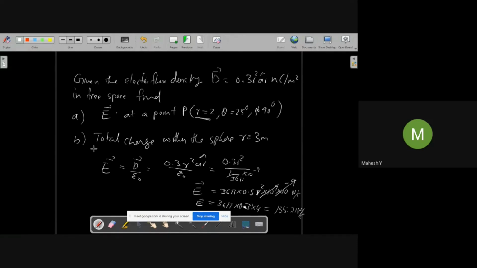Now calculate the total charge within the sphere r equal to 3 meter. Second question.